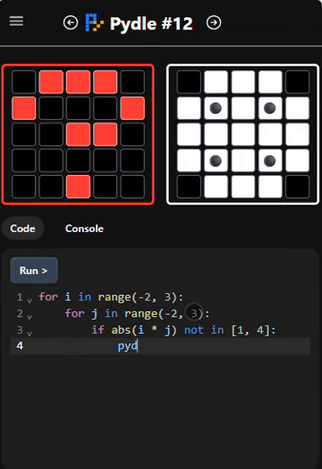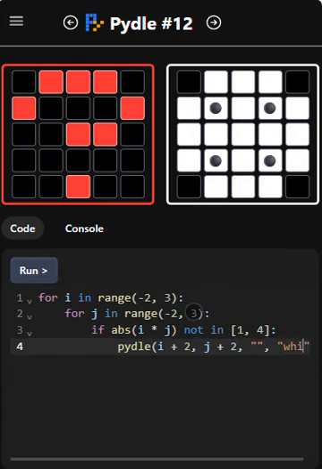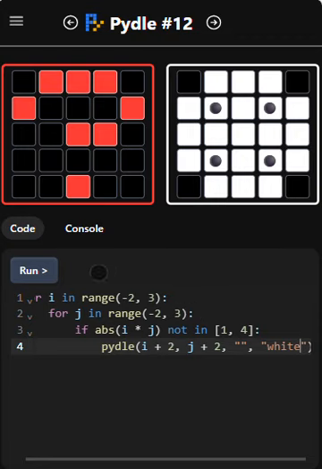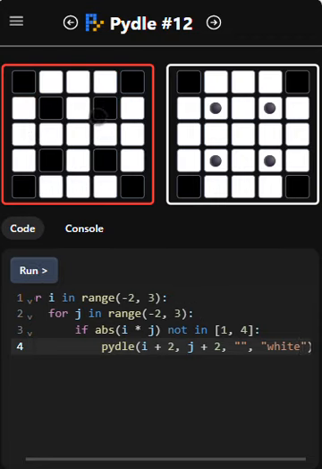So we need then to draw the cells. Pydle i plus 2, j plus 2. That is just to convert back to Pydle coordinates, and needs to be white. Okay, so we can see that worked.